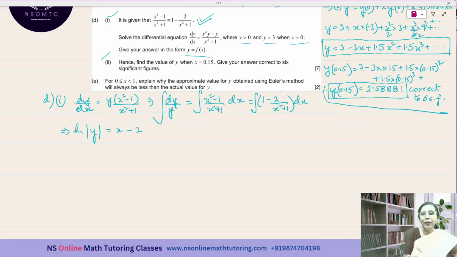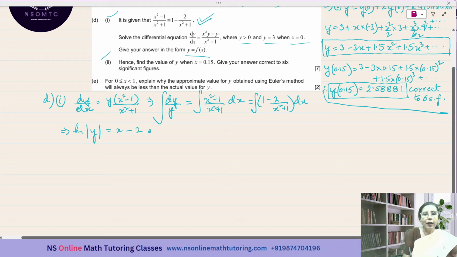It is arctan of x. So the 2 is the coefficient, so I have taken that minus 2 outside, and it is arctan of x plus c. In order to get the value of this c, we will be needing this information.